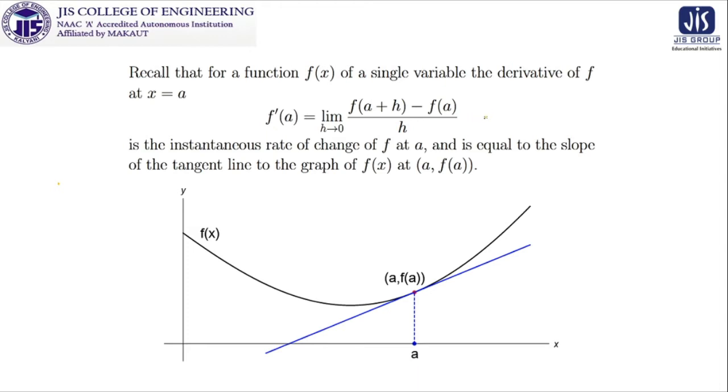If this limit exists, then obviously the derivative of f at x equal to a exists, and this is nothing but physically the instantaneous rate of change of f at a.